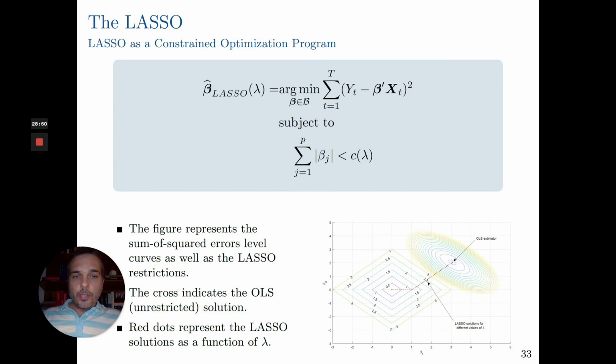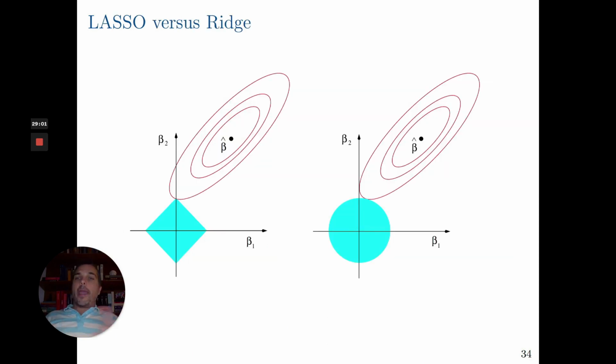And the solution will be the intersection of the sum of squares surface with the diamond. Okay? So comparing with the ridge, you see that here you have a ball and the solution is the intersection here. The solution of the Lasso is the intersection here.